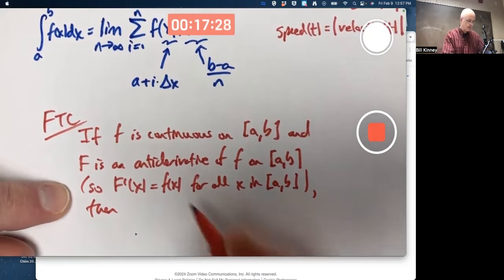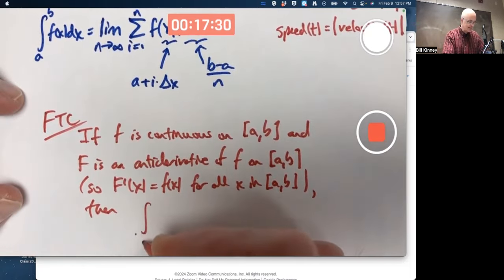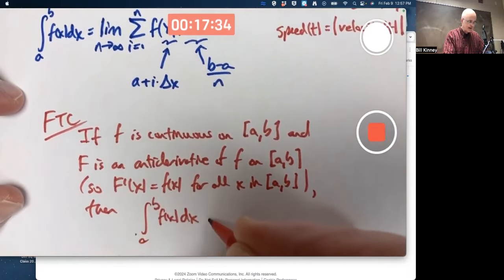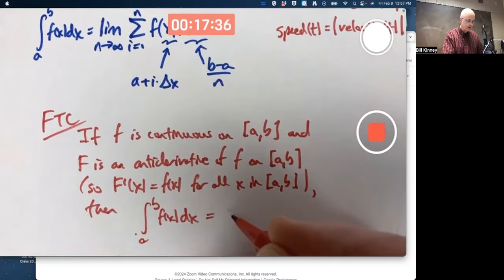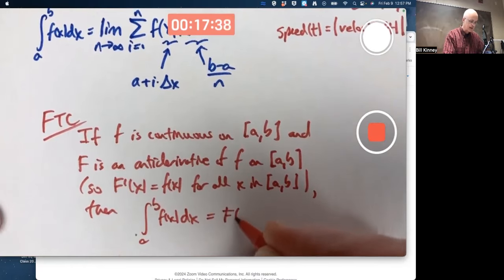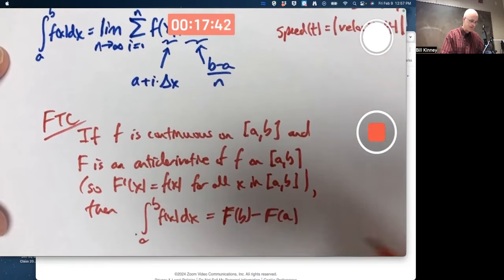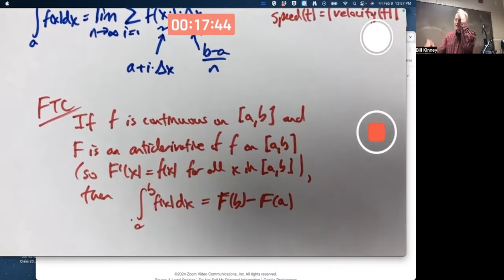But here, what we're interested in is evaluating the definite integral. To evaluate this definite integral, you just do capital F of b minus capital F of a. It's like magic.